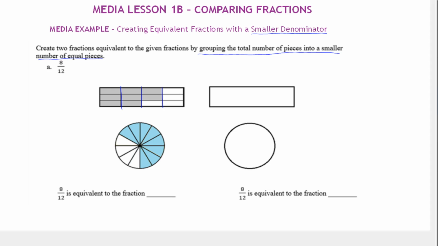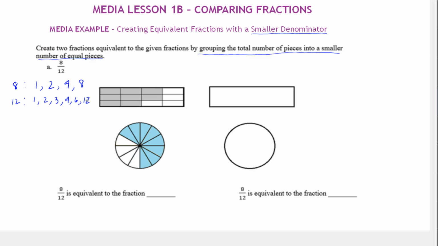And this will require us to use a number that's a factor of both the numerator and denominator. So 8 has some factors, you might remember. All numbers have themselves and 1 as a factor. 8 is divisible by 2, it's divisible by 4, and itself. 12 is divisible by itself, 2, 3, 4, 6, and 12.